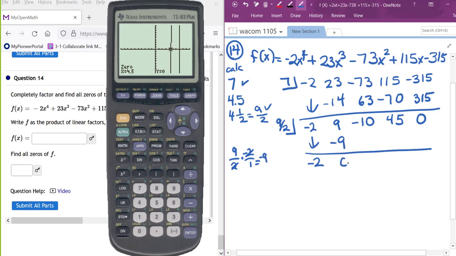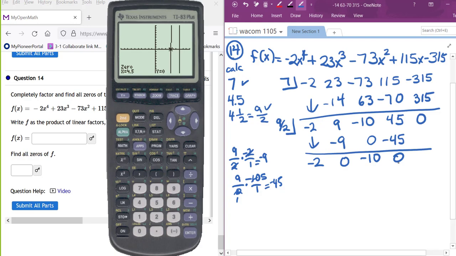And very nice, it gives us a 0. 0 times anything is 0. So negative 10. And then we have 9/2 times negative 10. Right, divide by 2. And so 9 times negative 5 is negative 45. And that gives a 0. So very good. These two are working.